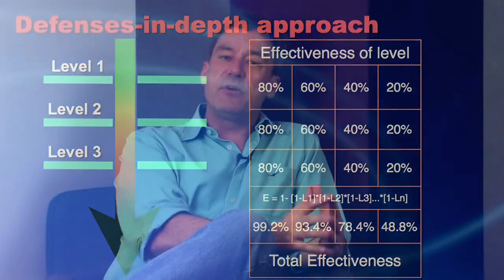Let's imagine that there were 1,000 potential events at the top of that event trajectory. At level 1, about 80% of those will be knocked out. So from that original 1,000 potential events, 80% of them have been blocked, so we now only have 200. As they hit the level 2 control, 80% of those 200 remaining events will be eliminated, which takes us down to 40.